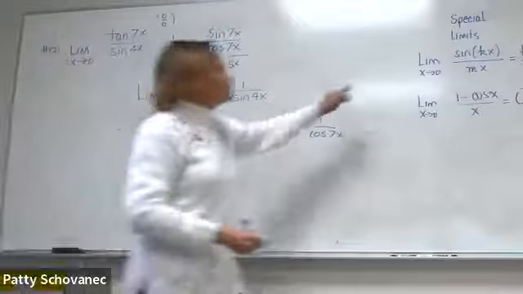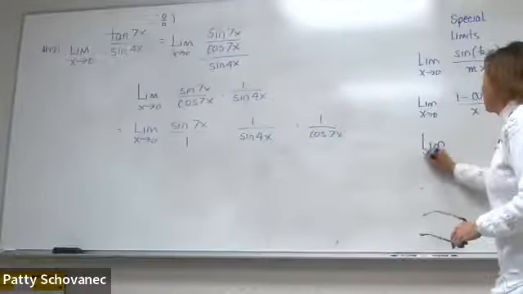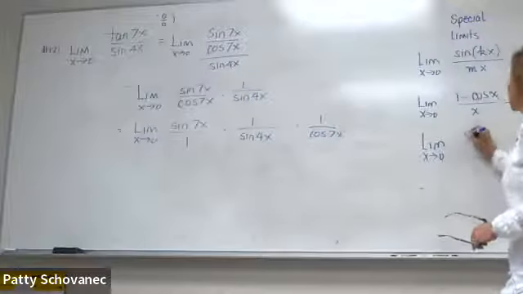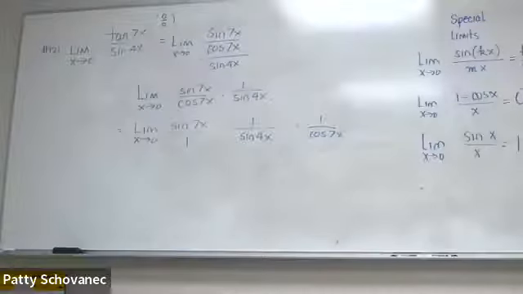The specific form of this special limit says that the sine of x over x is going to be 1. So I'm going to make that show up where I just have the sine functions. I'm going to put the version of the angle in the denominator.